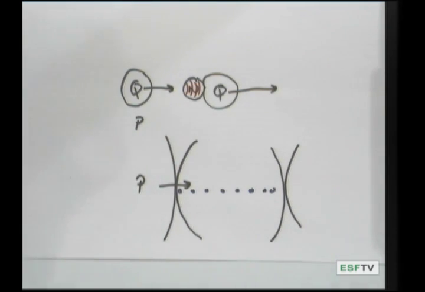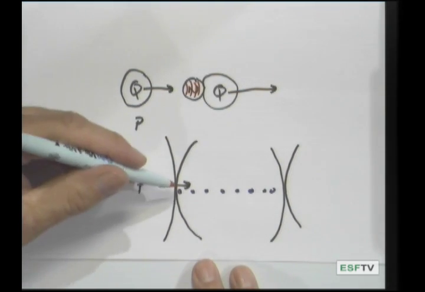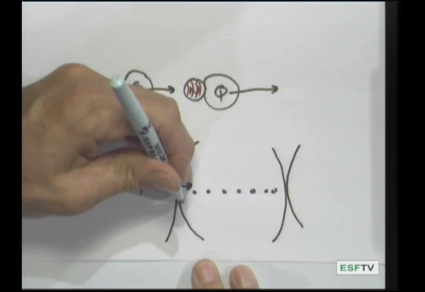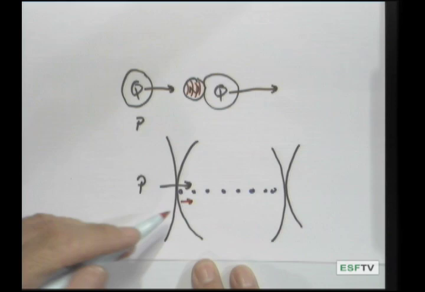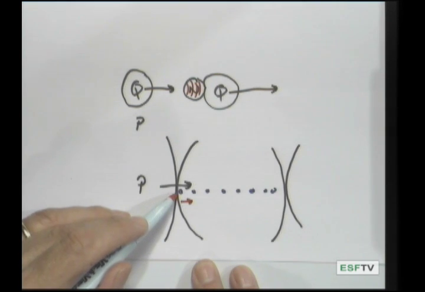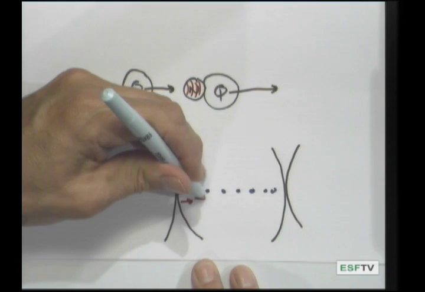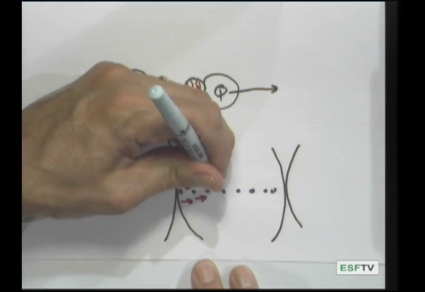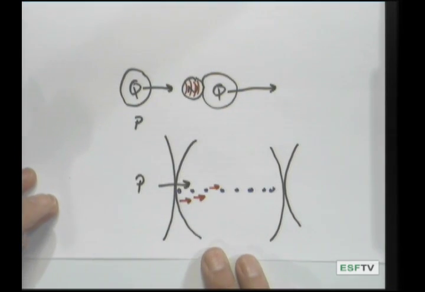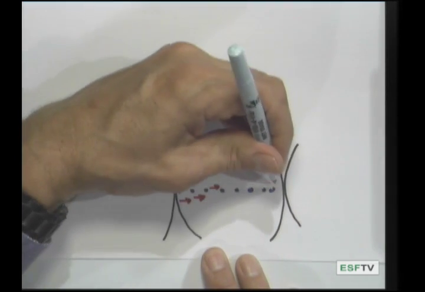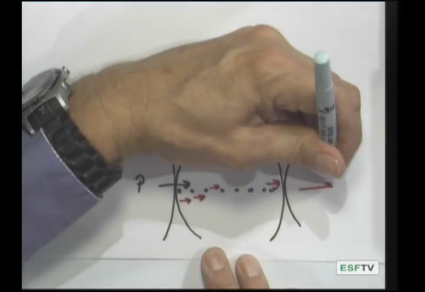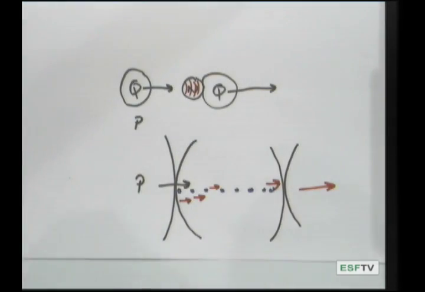And what happens when the first quarter impacts the nickel? The momentum doesn't go away. The momentum is instead imparted to accelerating the atoms close to the surface or close to the edge of the nickel. That in turn imparts momentum to whatever is connected to it, which in turn imparts momentum to whatever is connected to it, and so forth, until finally the momentum comes out the other side and imparts momentum to this quarter over here.